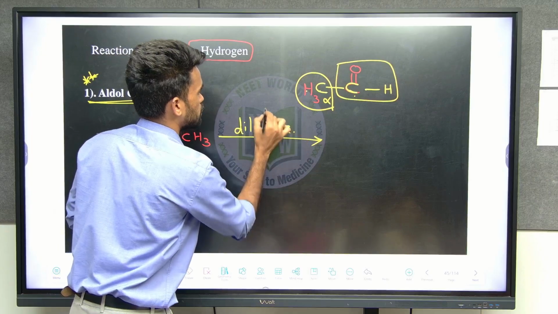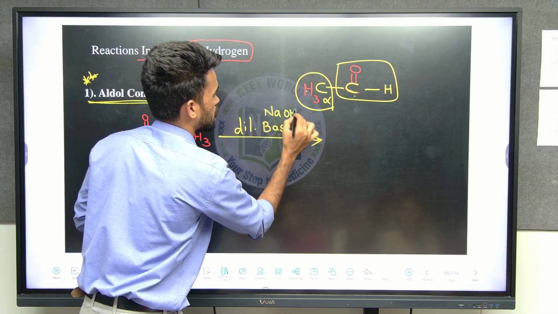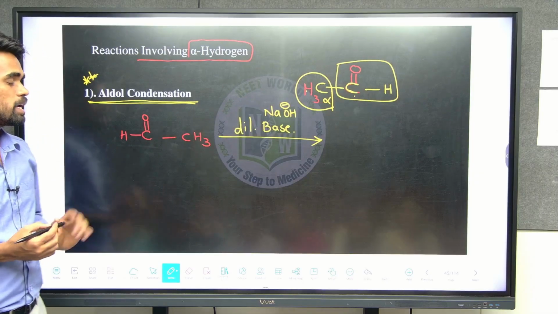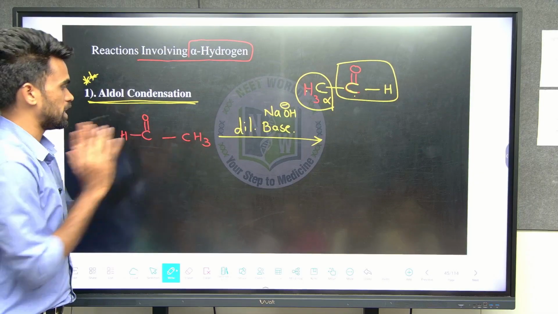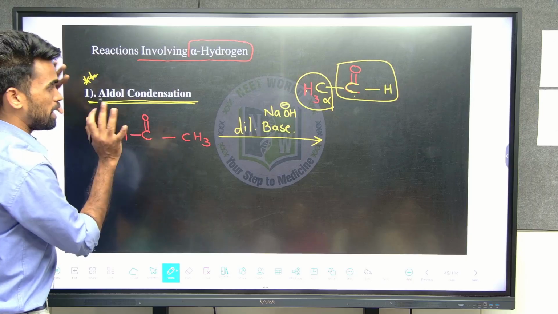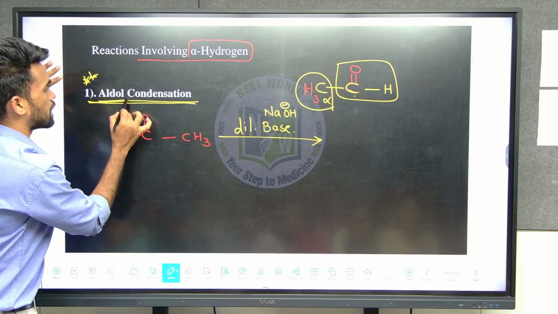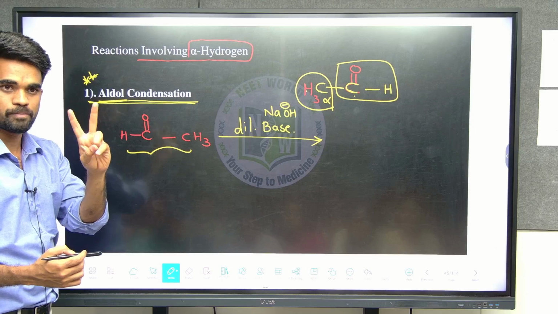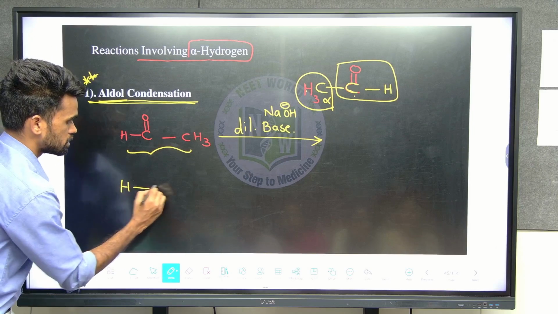A dilute base can be NaOH, KOH, Ca(OH)2, anything, but it should be dilute. Now condensation takes place. By default you should understand that in aldol condensation you take two molecules of the aldehyde.